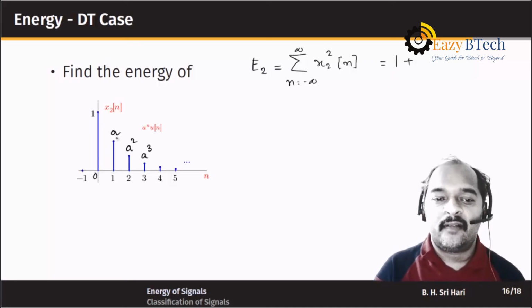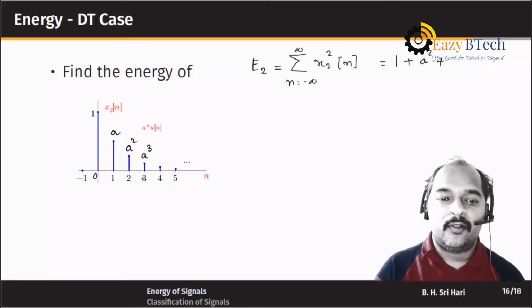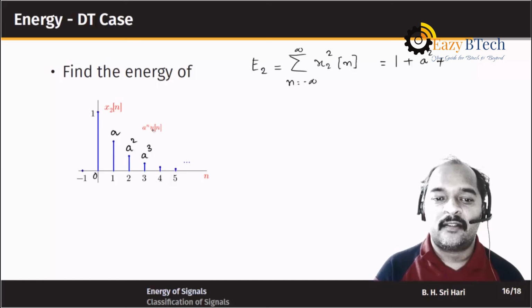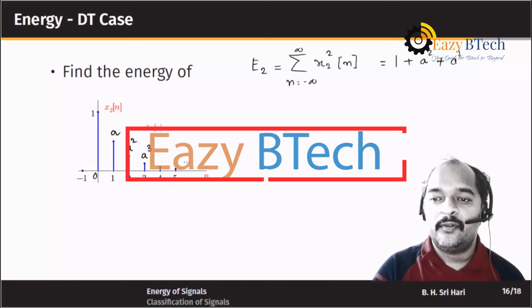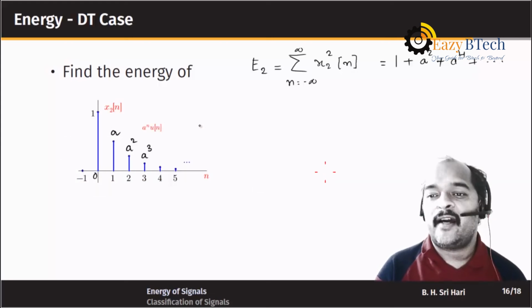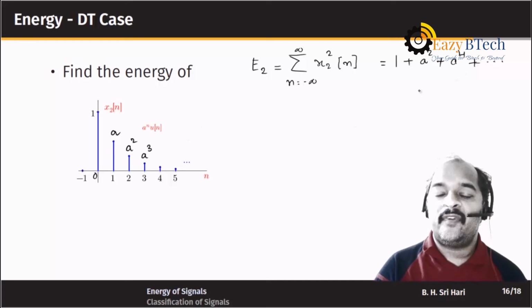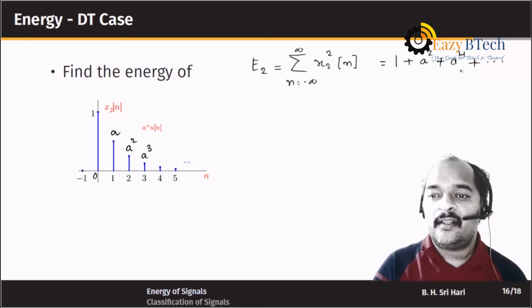And at 1 the value is a. You have to square the samples, so you'll get 1 plus a square. At 2, the amplitude of the signal is a square, and squaring that gives a power 4, and so on. At 3, it is a cube, square it, it will become a power 6, and so on. In that way we will get the energy of the signal.